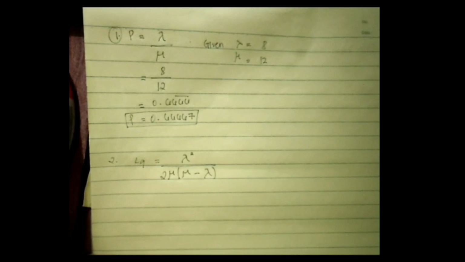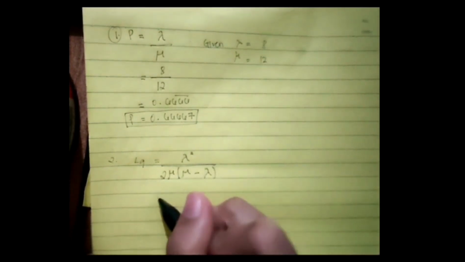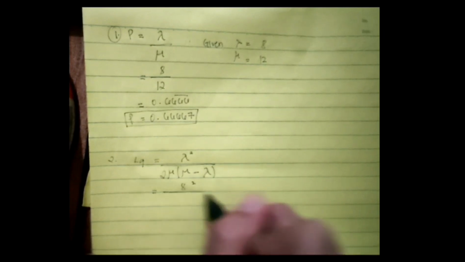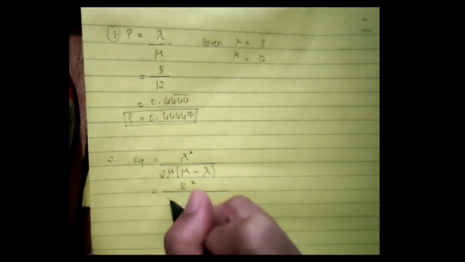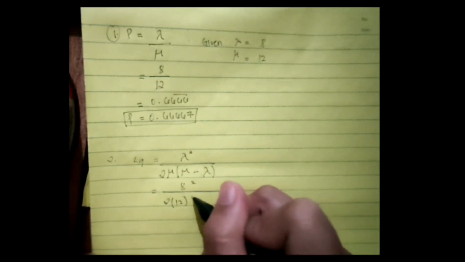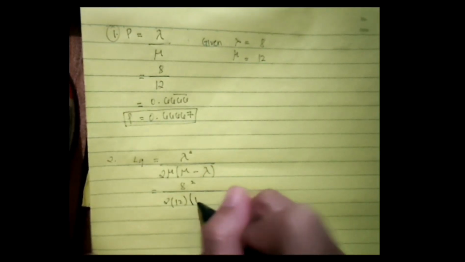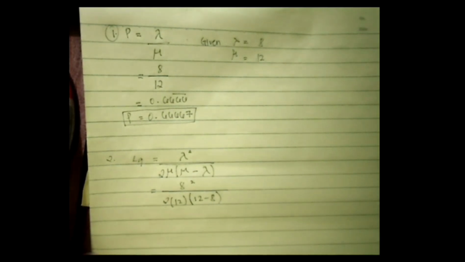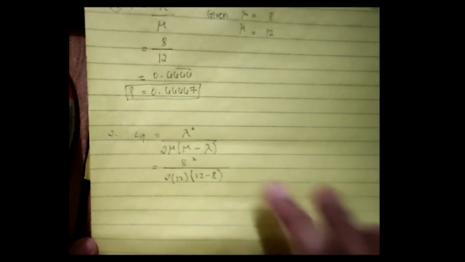So, same pa rin tayo sa given natin dito. Bali, we are going to substitute again. Bali, 8 to the power of 2 divided by 2 times 12, open parenthesis, 12 minus 8, close parenthesis. So, if you have your scientific calculator, you can input this.